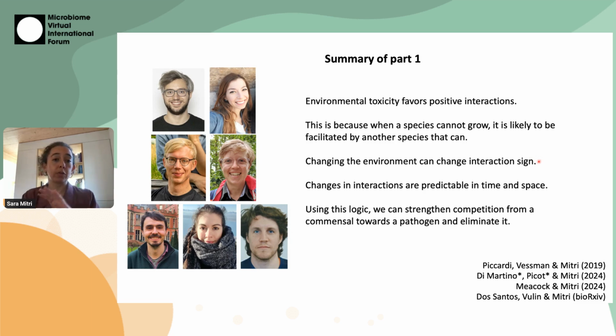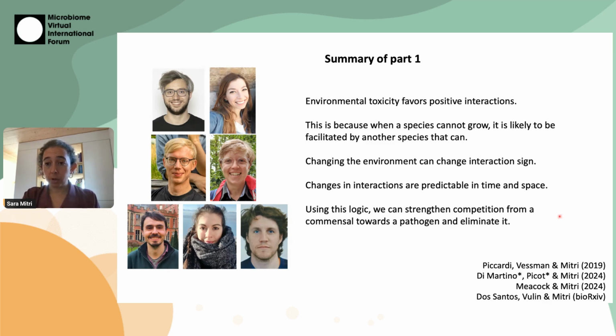So you can go back and forth between cooperation or facilitation and competition, which was the work of Rita and Aurore. And then also that these changes can be predictable in time and space, and that we've built this model, this theoretical framework by Ollie that can show how one can do this. And then using this logic, we can actually apply it also to useful things like eliminating a pathogen.